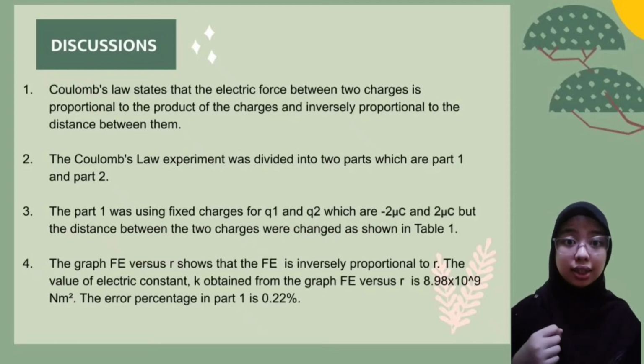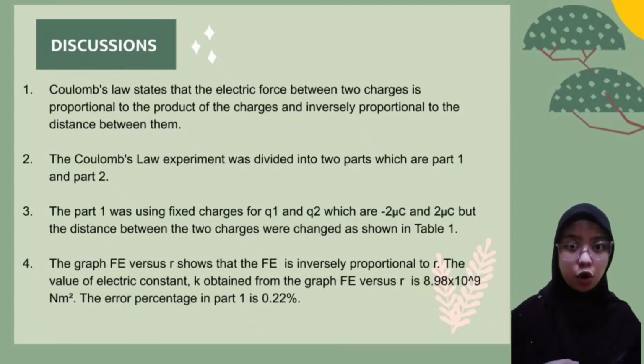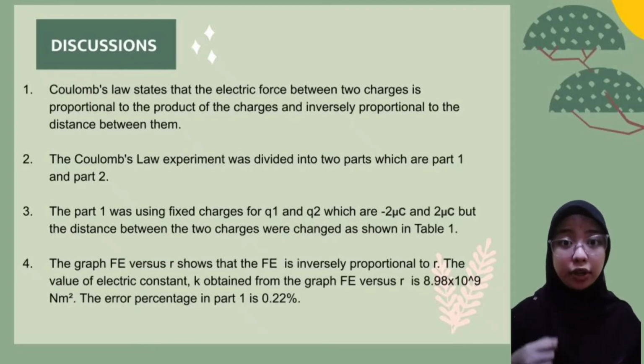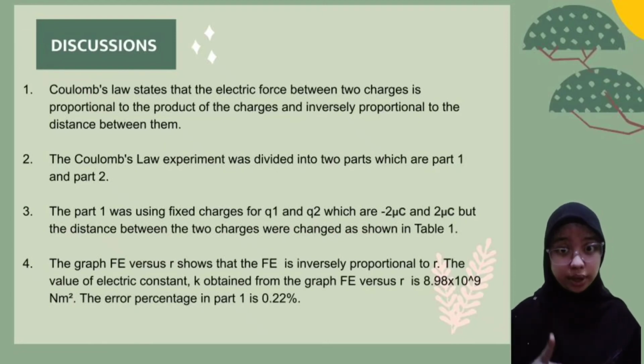Third, part 1 was using fixed charges for Q1 and Q2. The value of Q1 is negative 2 microcoulomb and the value of Q2 is 2 microcoulomb. Only the distance between Q1 and Q2 was changed. This can be more clearly seen in table 1.